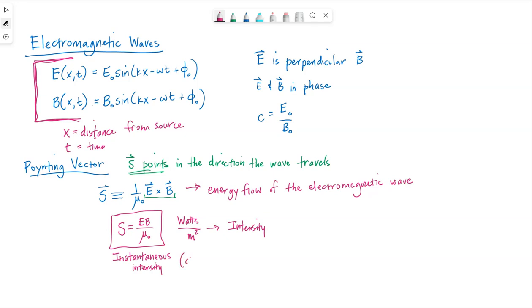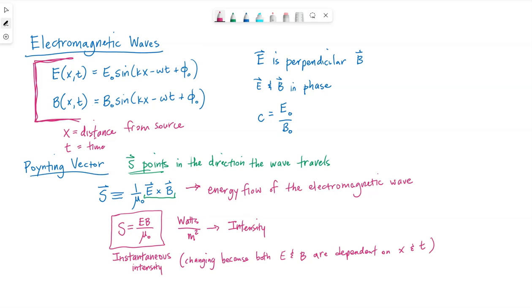It's changing because both E and B are dependent on x and t. x meaning where from the source, and t meaning when we're talking about.